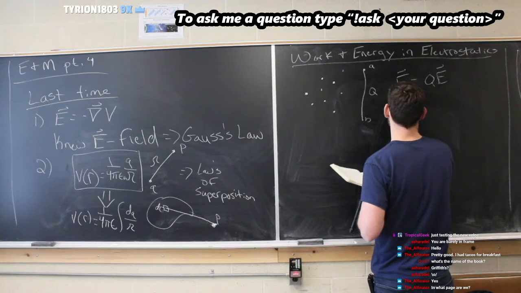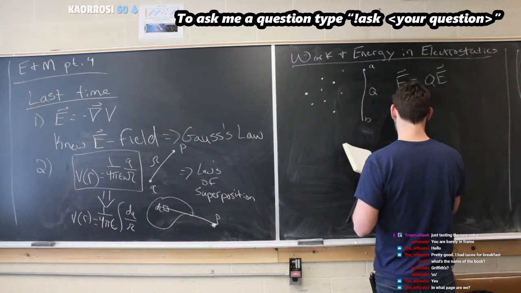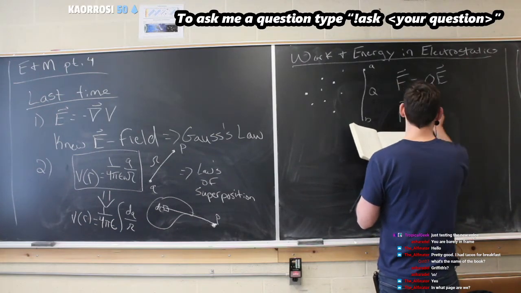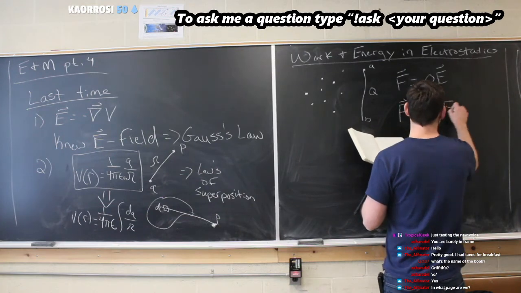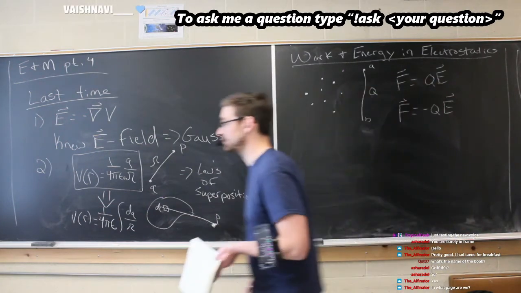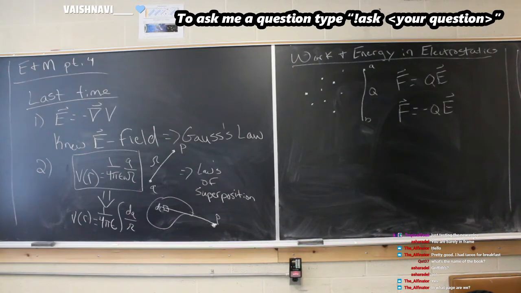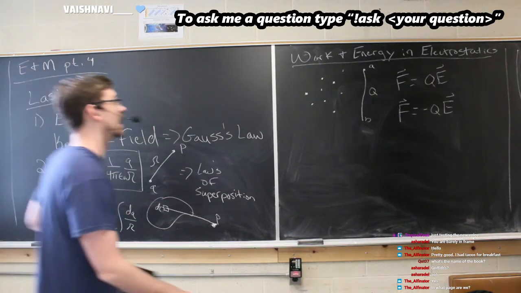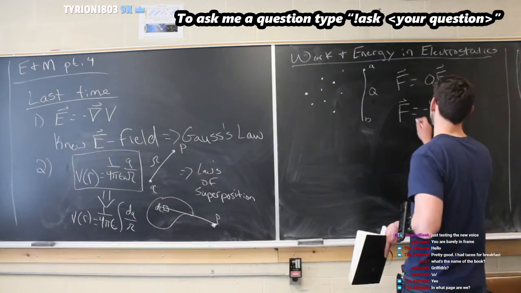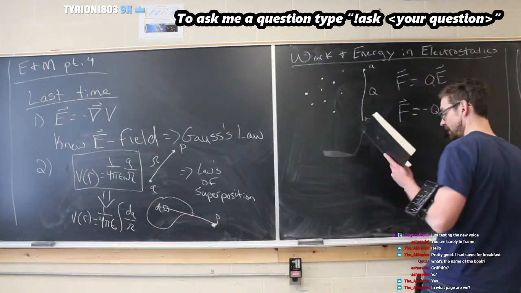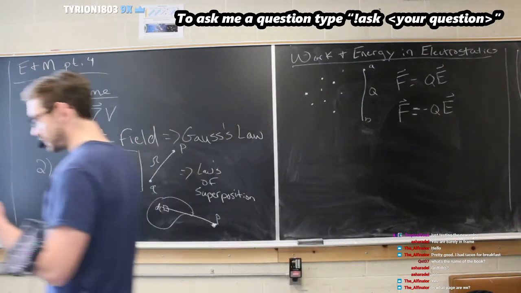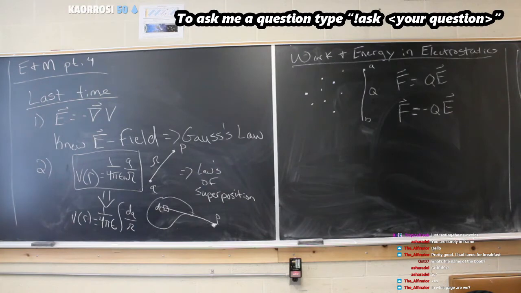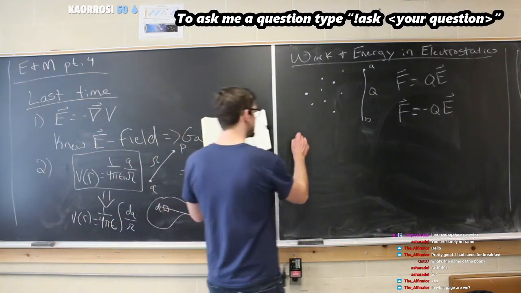So in order to get a motion, we should act on this particle with the opposite force. Then the force is constant, and we can move it freely by acting on it with a force equal to that. If we want to talk about work, remember the equation for work.